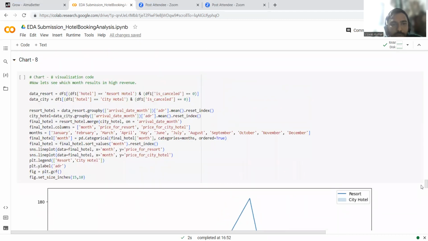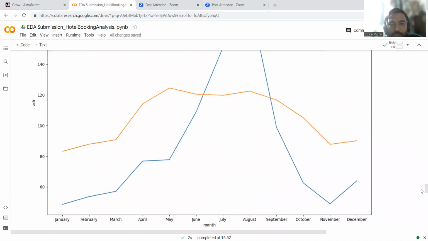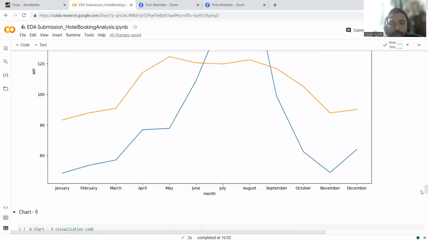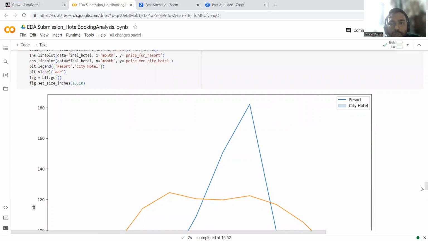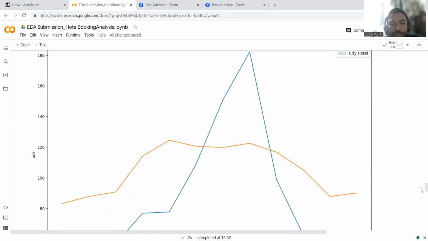So now let's see which month results in the highest revenue. From the revenue point of view, July and August have generated more revenue than the other months in a year.